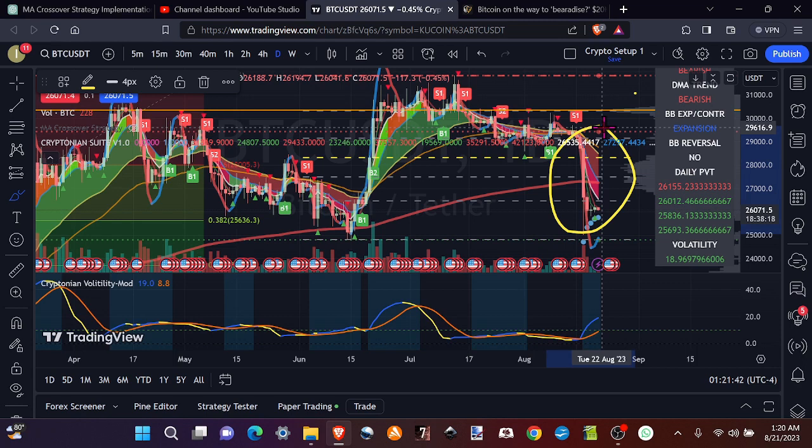So although we may see a push to the upside because we're at a low RSI, we're going to be pushing into resistance, and it's going to be favoring the bears. Unless we go up with a lot of strength and we hit that 31,000 area of resistance, the price action favors the downside.